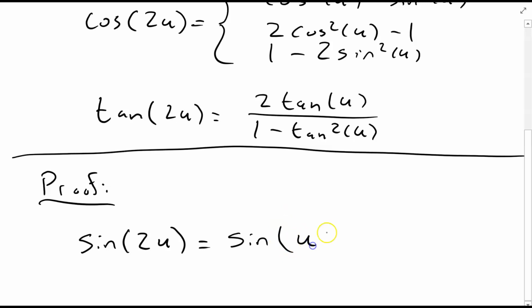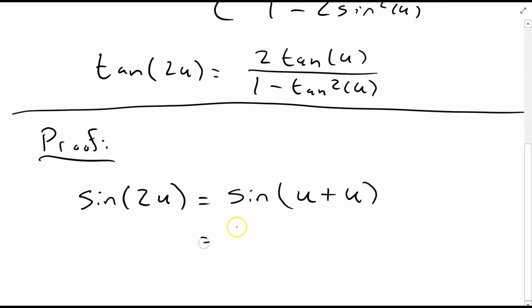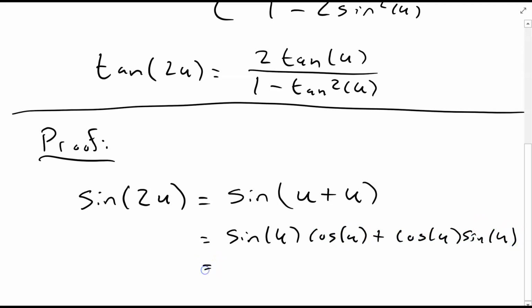So I'm going to think of 2u as u plus u, and now I can use my angle sum identities. So I would get sine u times cosine u plus cosine u times sine u. Because multiplication is commutative, it doesn't matter the order in which I write those two things. They're the same term, so I would just add them together and have 2 sine u cosine u.